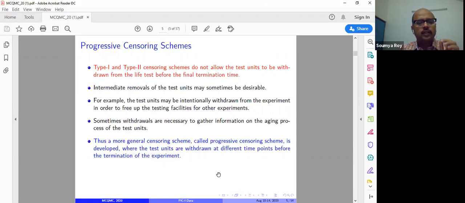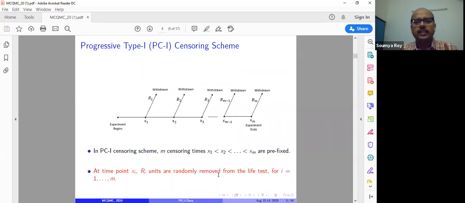Thus, a more general censoring scheme called progressive censoring scheme is introduced in the literature, where test units are withdrawn at different time points before the termination of the experiment. Let me quickly introduce one variant of this, progressive type 1 censoring scheme.